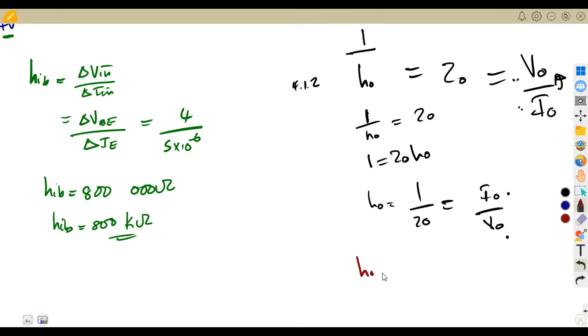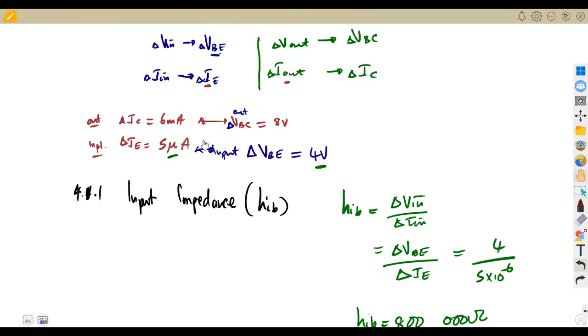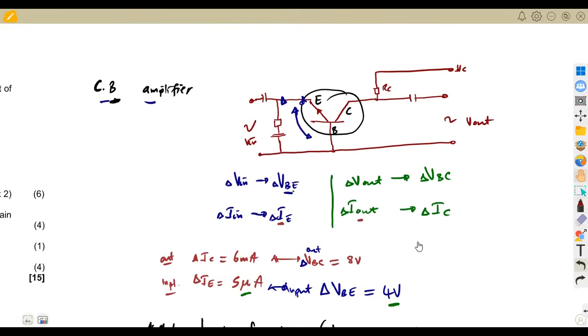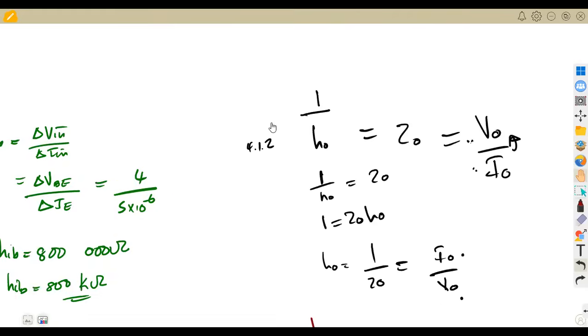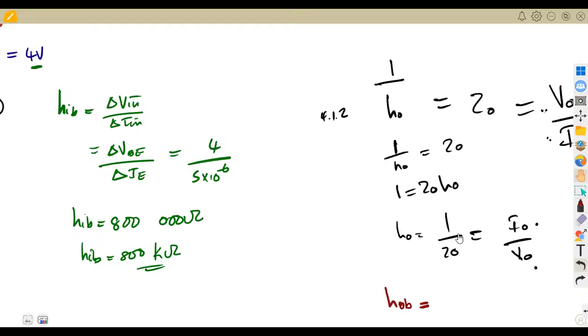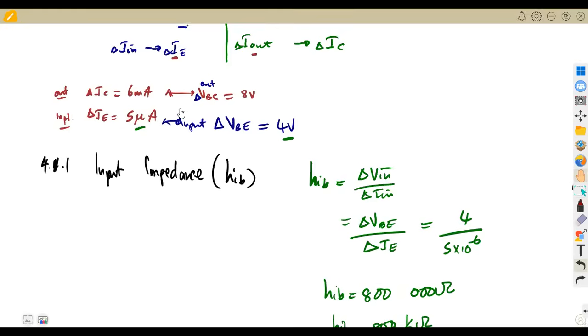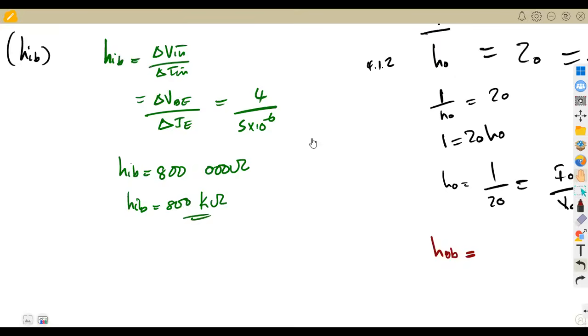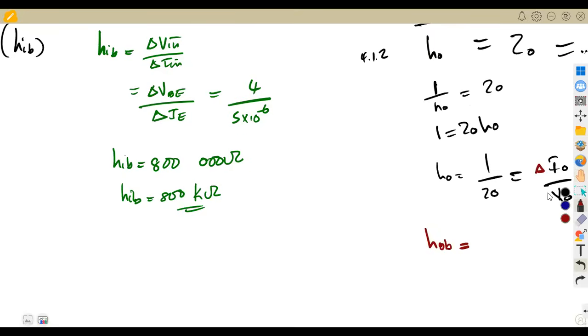But this is the output conductance of a common base. Take note here. So you're going to have this as HOB for the common base, which is equal to the current at the output. The current for the common base at the output is IC.